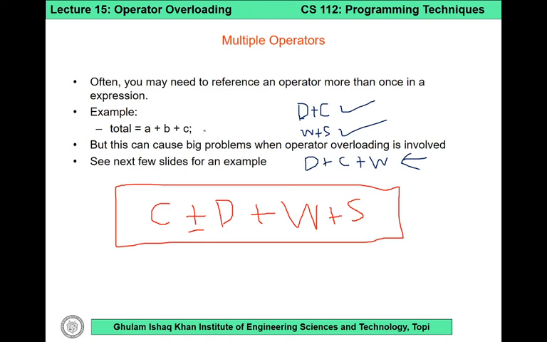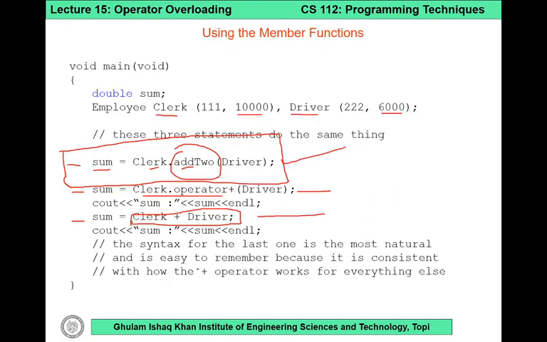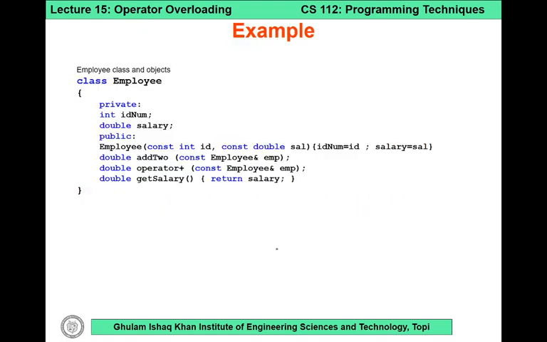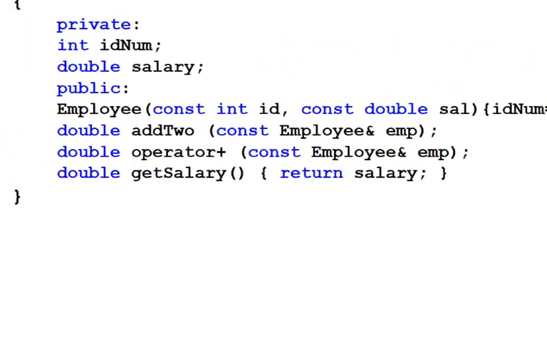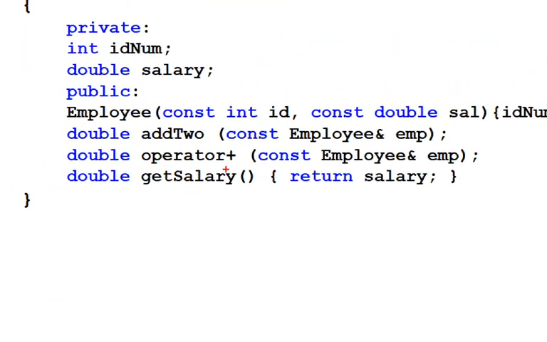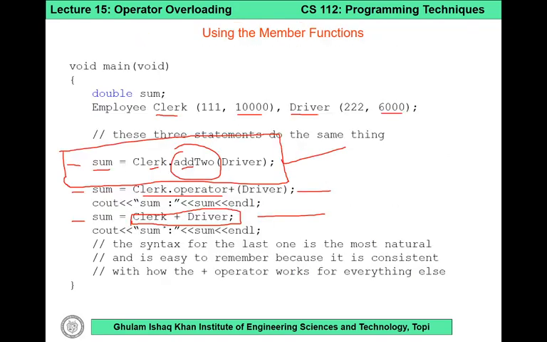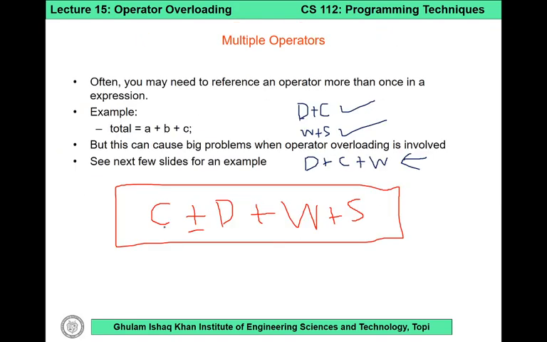Now you see what will happen. If you see the prototype of this function, here I've written a lot of stuff, so I'm focusing here. If you see this plus operator, and for that matter these two functions, they receive a variable of type employee, that is fine, but what do they return? They return a variable of type double, right? Now keep this in mind and let me get back to where I was explaining.